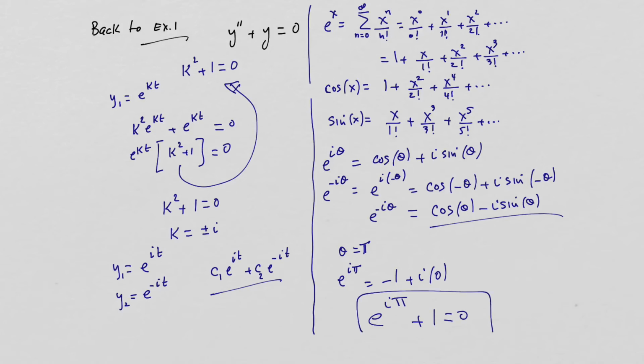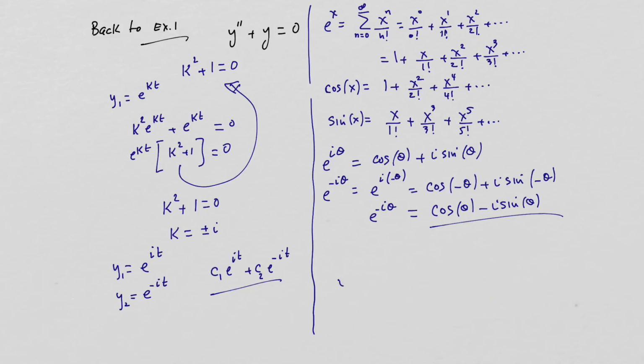This is beautiful. It is the simplest equation I can think of that involves the most powerful 5 numbers in mathematics: 0, 1, pi, e, and i. 0, 1, e, i, pi. I don't like it written this way because you don't see 0. In any case, that is a side conversation. I'm going to erase it. Okay? I don't need it.